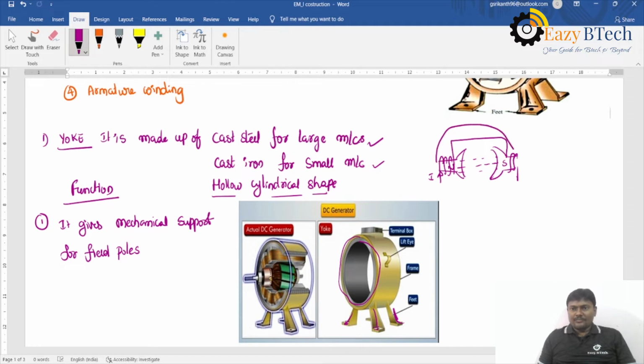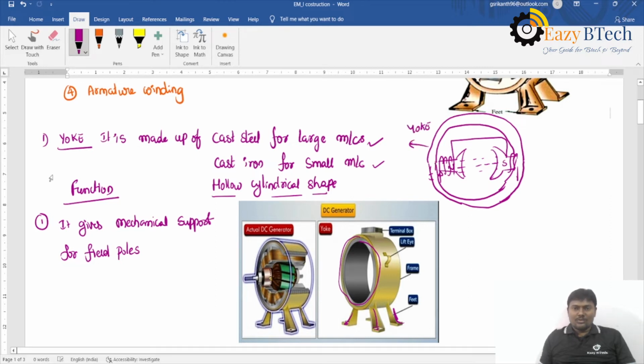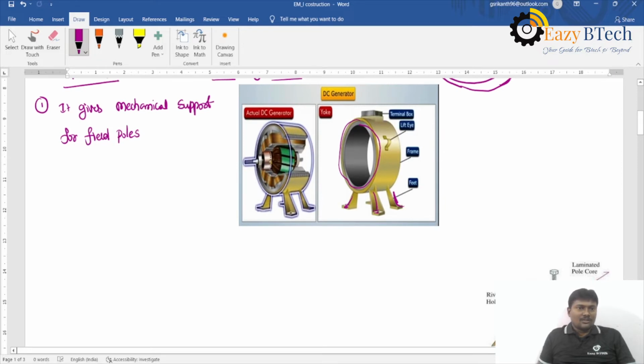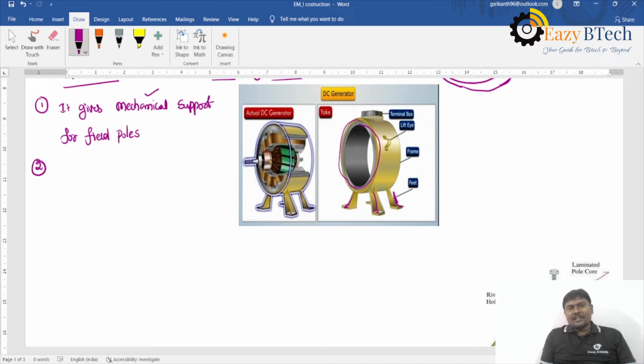These field poles are attached to the yoke, the outer part. The field poles are attached to the yoke with the help of bolts or welded to the yoke, and it gives mechanical support for the field poles.